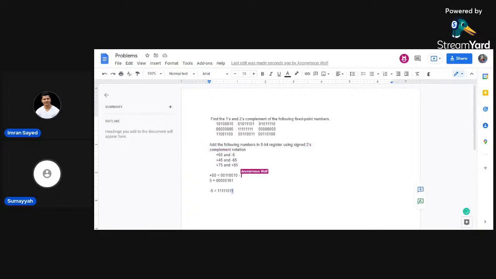So I'm going to write that here. In 2's complement, the last one will be the same, and everything else is reversed. Okay. Let me just write that down. So you said that for positive numbers, the first is not changed, or the whole thing remains as it is. Yes.